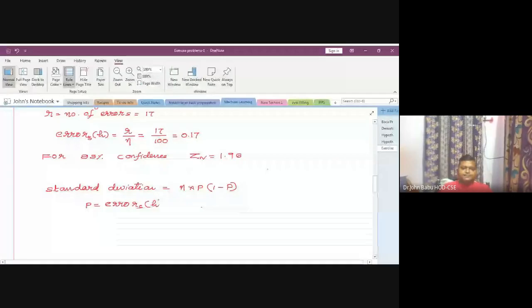So what is standard deviation? P is equal to 0.17. Variance sigma square is equal to N into P into 1 minus P. That is equal to 100 into 0.17 into 83. What is the value?